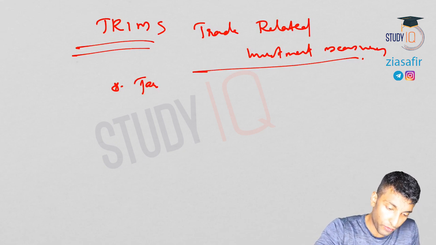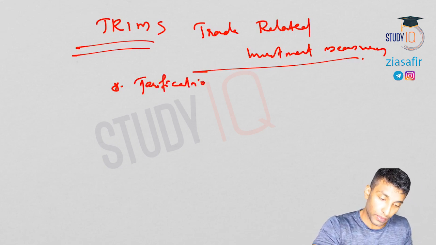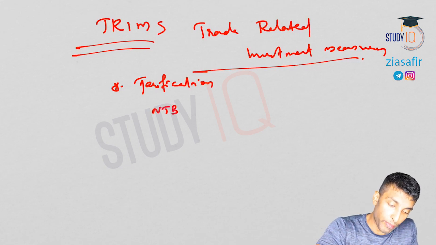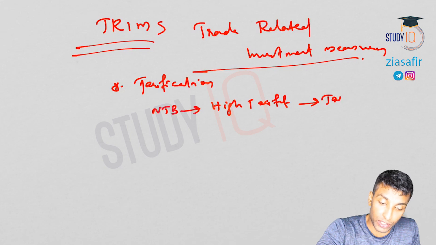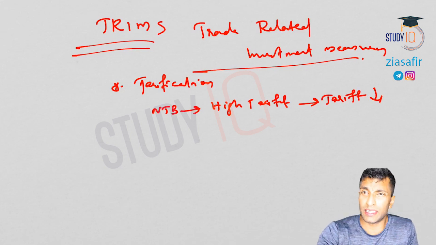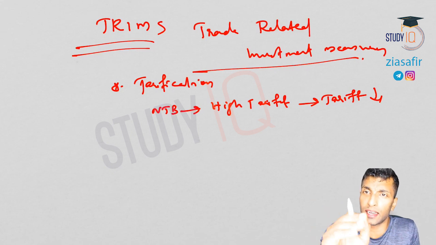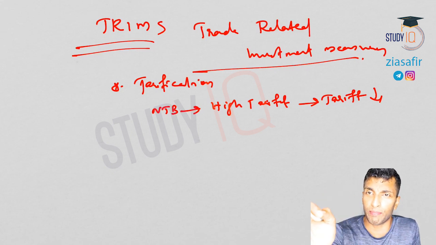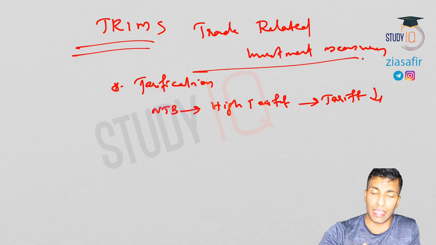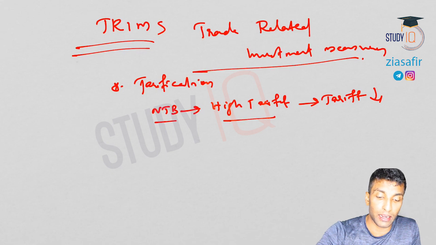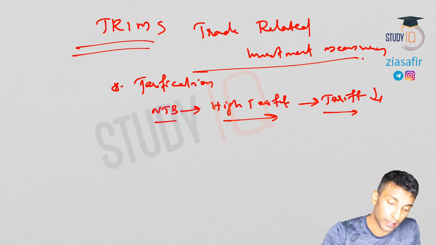So the first one, tarification: non-tariff barriers should be made high tariff, and then the tariff has to be reduced.